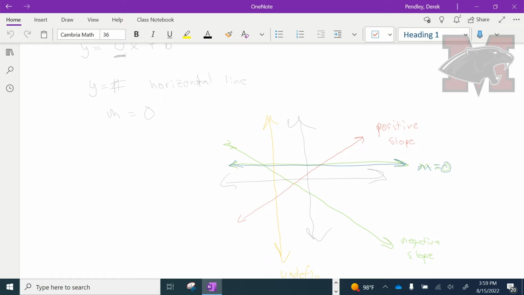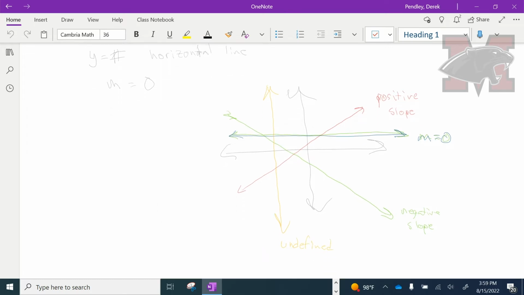So I always remember slopes as in how I drive in a car. If from left to right I'm going up, my slope is positive, I'm increasing. If I'm going down, I have a negative slope because I'm decreasing. If I'm driving on a flat line, I'm not going up or down, my slope is 0. But if I were to drive straight off a cliff, straight down, I would be undefined. They'd have to put me in the ground. So that's how I remember slopes.